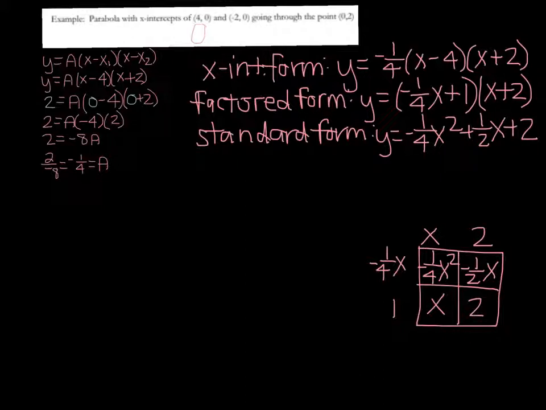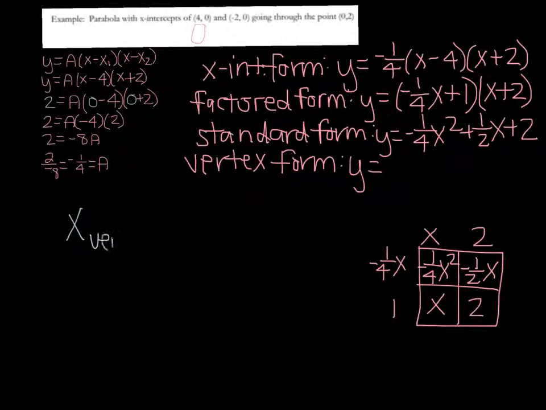Then we have to figure out the vertex so we can put it into vertex form. Remember, to find the vertex, the x-coordinate of the vertex is negative b over 2a when it was written in standard form.